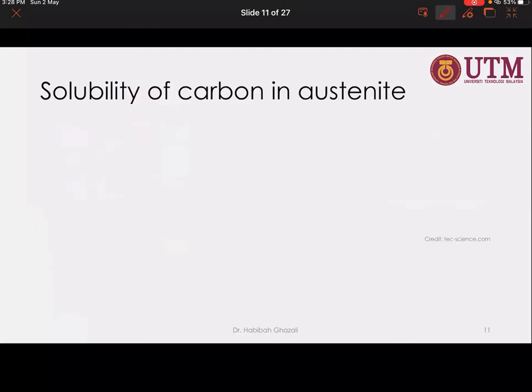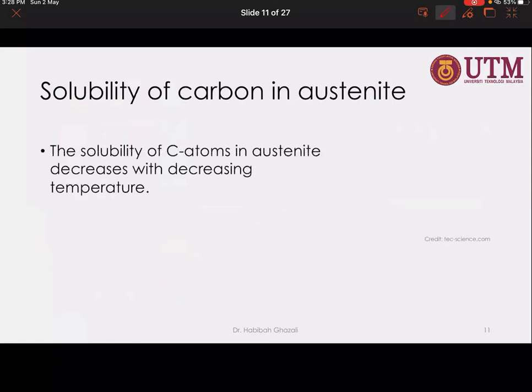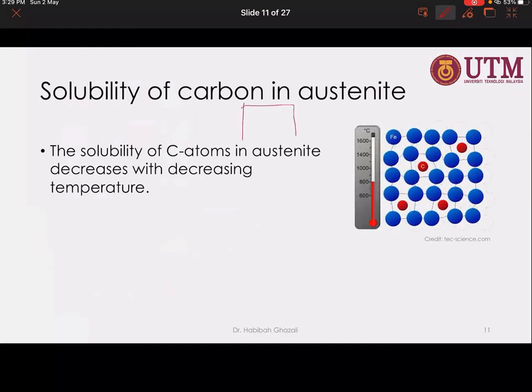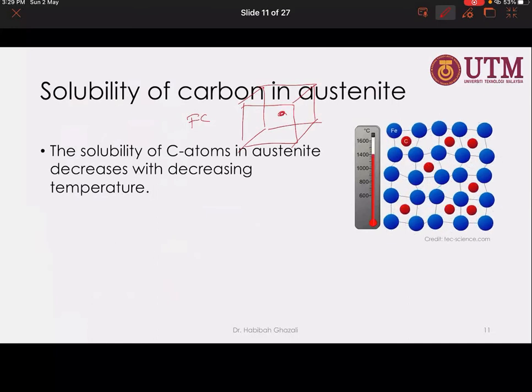So the solubility of carbon in austenite decreases with decreasing temperature. Meaning that in the microstructure of FCC iron, remember iron at a certain temperature forms FCC, inside there is carbon, and it forms austenite. But if FCC changes to BCC, this carbon needs to be pressed out.